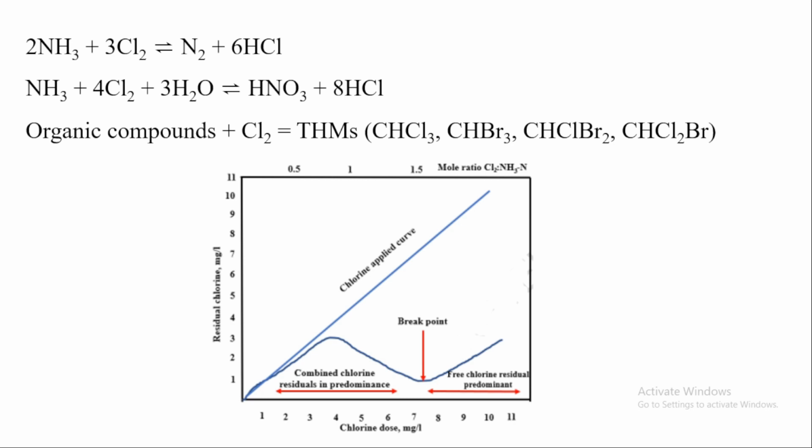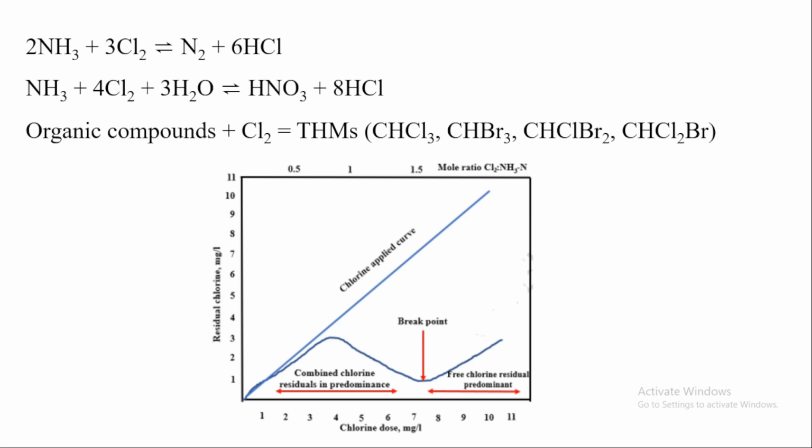So, the point where the combined chlorine residual is decreasing and the free chlorine residual starts to increase, that particular point is the breakpoint of chlorination. I hope it is clear. What is breakpoint of chlorination?